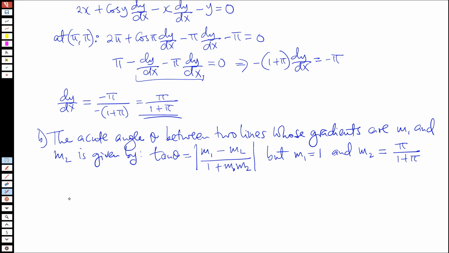So tan θ in this case will be equal to the absolute value. No need actually to write the absolute value because it's an expression. So m1, which is just 1, plus m2, which is π over 1 plus π, over 1 plus the product of m1, which is just 1, multiplied by π over 1 plus π.